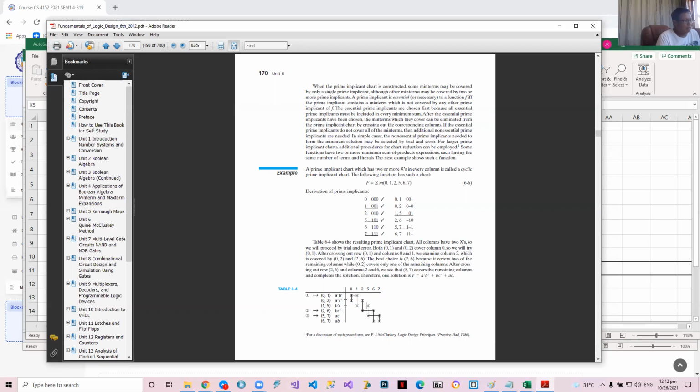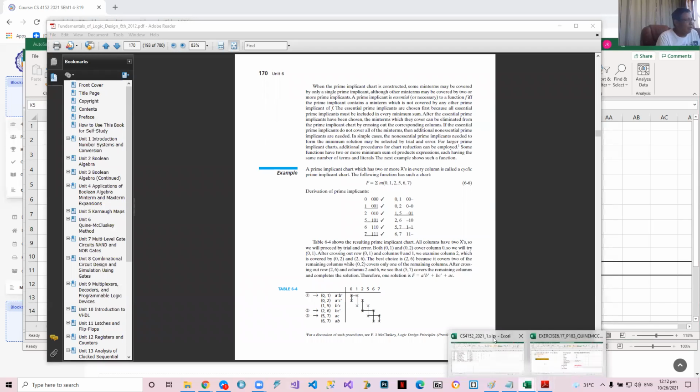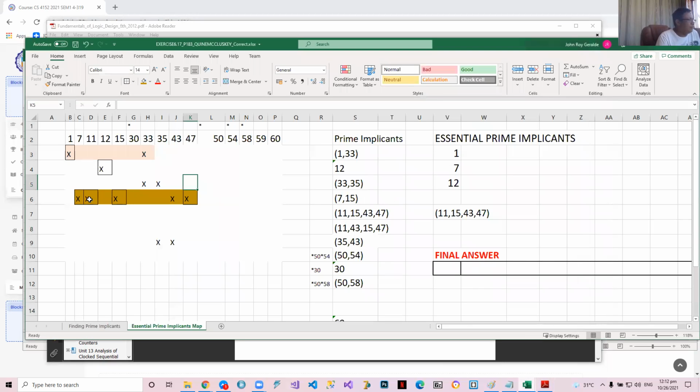Okay. Kasi dalawa lang yung example niya, no? Okay? So anyway, let's go back. If you will consider this, wala naman siyang madamay. Di ba? Wala. So ito, wala rin siyang madamay. Okay? 7 is an essential prime implicant.